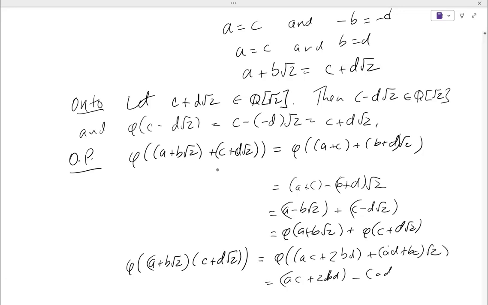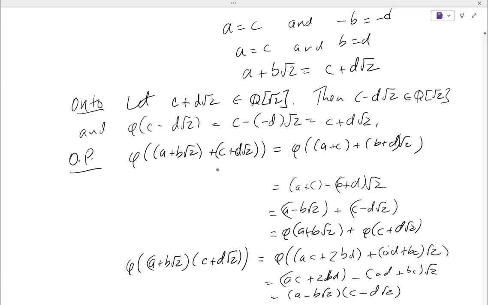You can check that if you multiply A minus B root 2 and C minus D root 2, you really do get that. It's not too hard to check. Or you can do a meet in the middle approach.